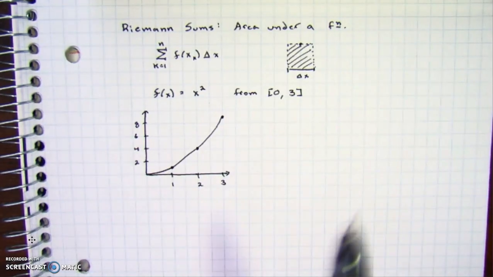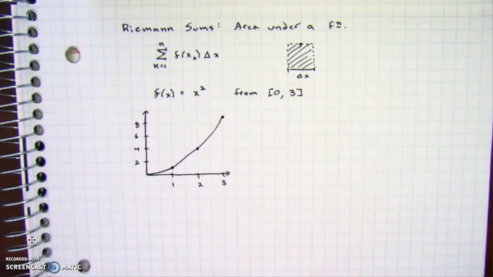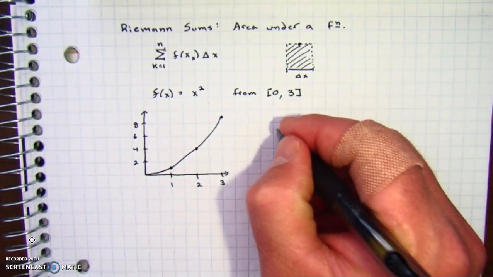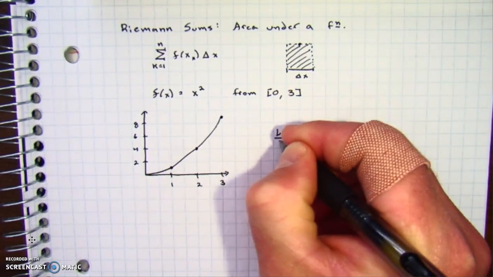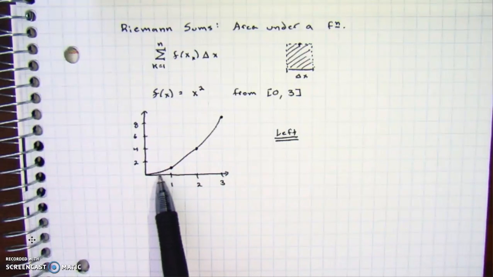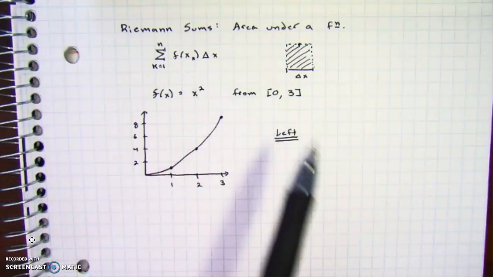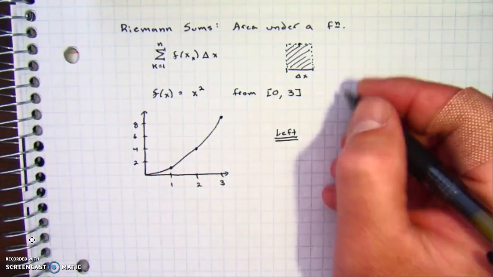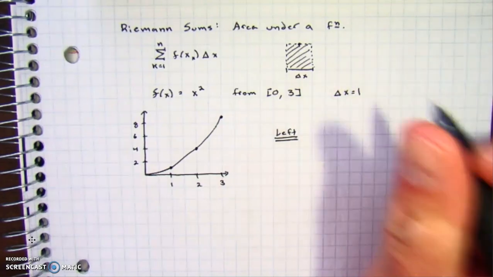Okay, so when we're talking about a left, a right, or a mid, let's do the left first. All that this means when you're taking a left Riemann sum is that you're going to take all the values as they go to the left of your delta x. Let's make this easy. Let's say delta x equals 1.